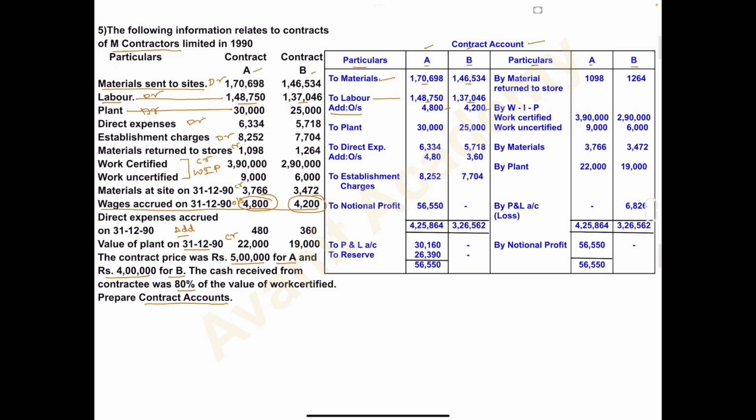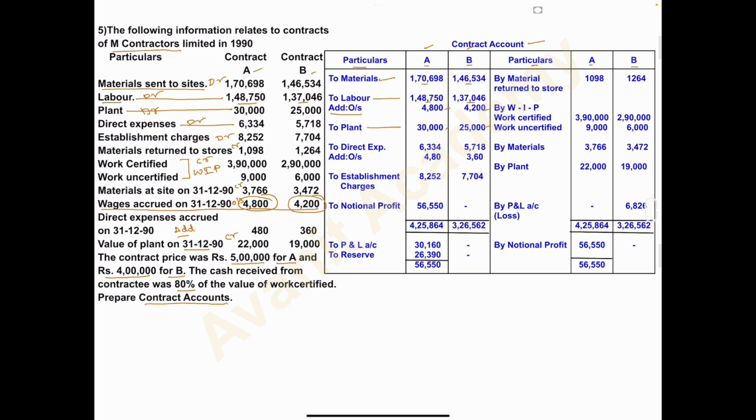See the third item, plant. In contract A, plant value is 30,000, in contract B, 25,000. So in solution, write to plant A 30,000 and B 25,000. Direct expenses.